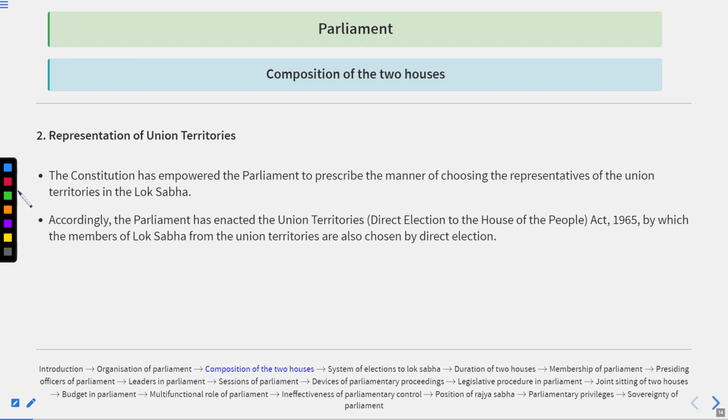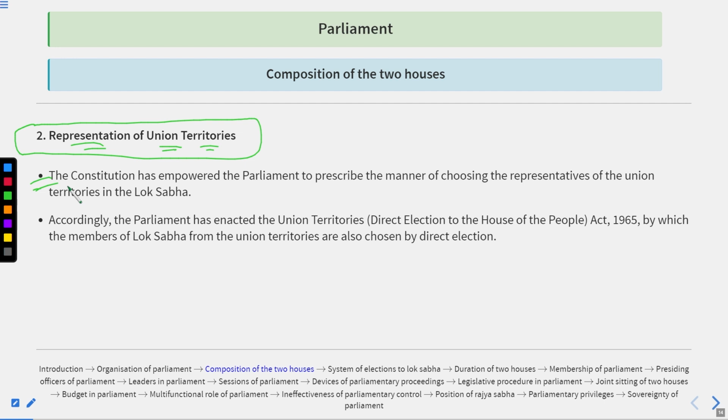Thereafter, if we talk about the representation of the union territories, how do the union territories get representation there? Basically, the constitution has empowered the parliament to prescribe the manner of choosing the representatives of the union territories in the Lok Sabha.